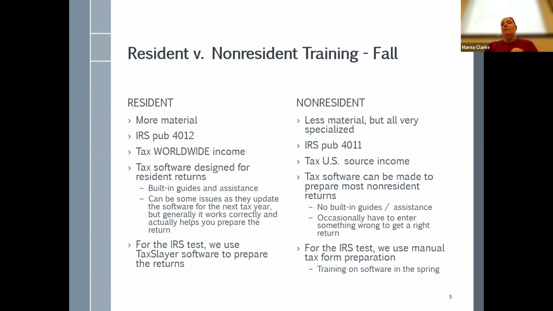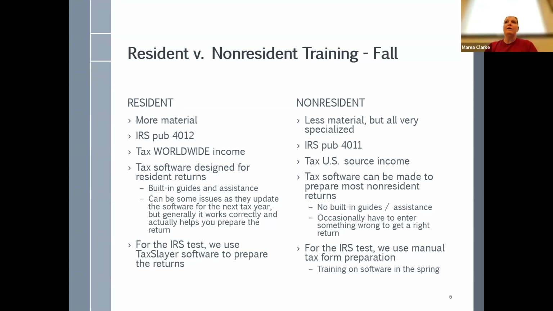For non-resident returns, the tax software can be made to prepare returns for non-residents under most circumstances, but there are no built-in guides and assistance. So you are basically sort of fighting, sort of like working around the software to some degree.